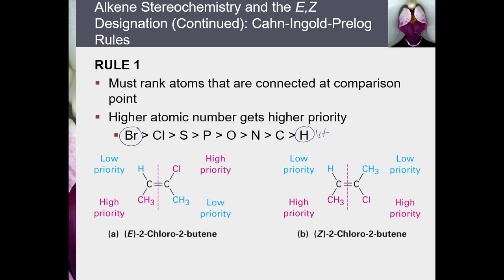So we have here an example. As you can see here, we have a double bond. Yung inyong i-compare is H, CH3, Cl, and CH3. Ngayon, kailangan natin ng comparison point. So, yung comparison point natin will be the double bonds. So, para magawa natin yung ranking, you consider the double bond carbon separately.